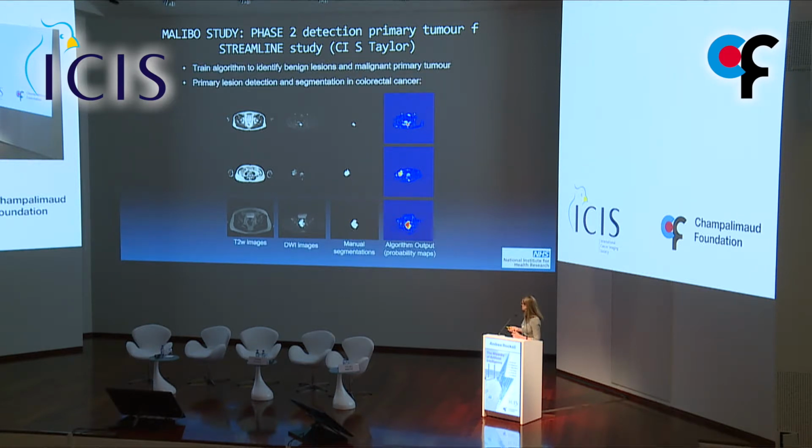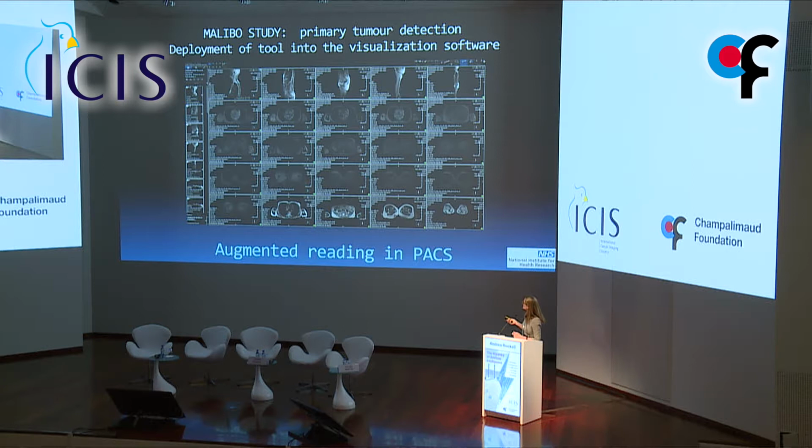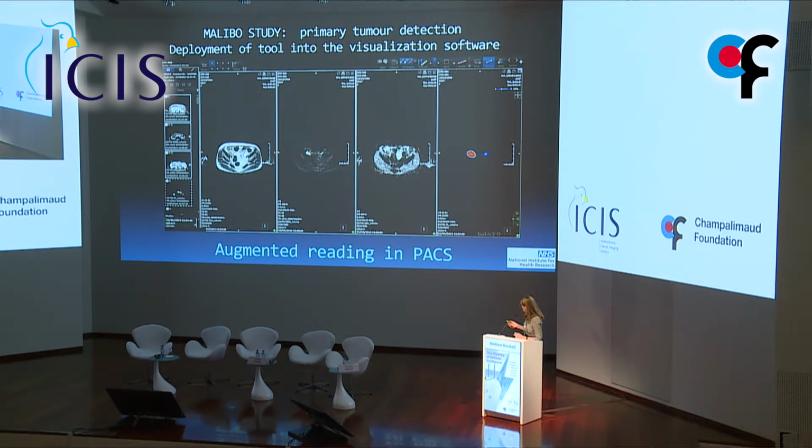So essentially, we've changed that into this so that the radiologist can scroll up and down with the T2, the diffusion, and the ADC, and we have the probability map popping in and out based on the probability of finding cancer, rather like a PET CT.